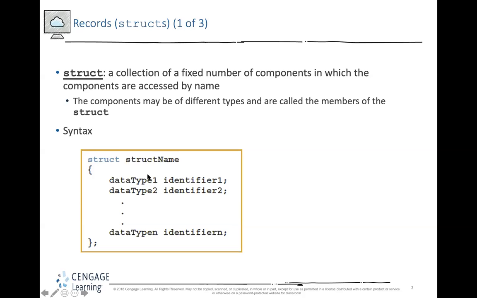If you make an object of a struct type, the values of those variables will be arranged together in memory. They're not going to be scattered around.